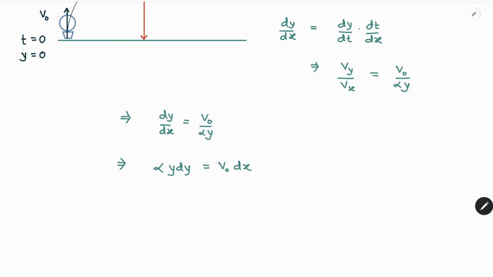Now if we integrate this term, for a certain value of x we will have a certain value of y. Now at x equal to 0, y is equal to 0.